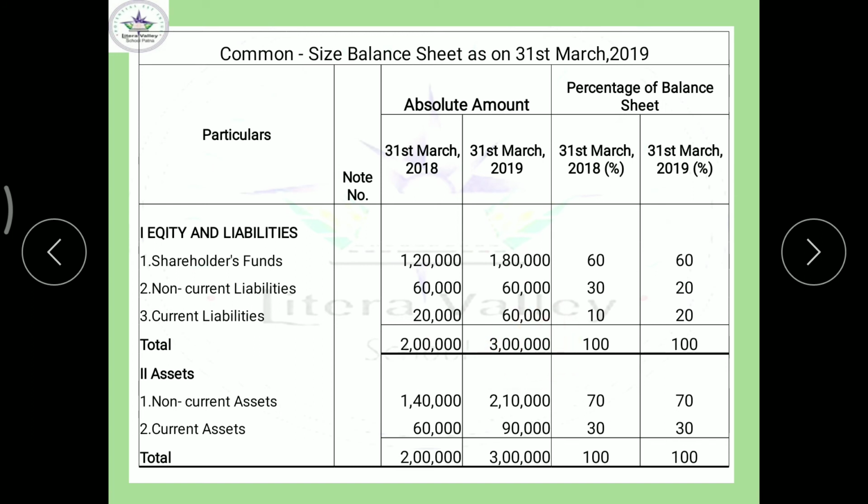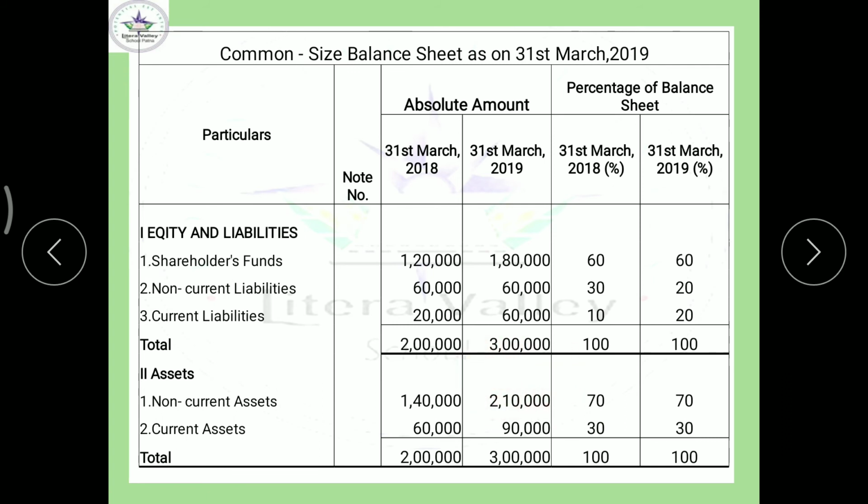Okay, same here. You can see non-current assets is given 1,40,000. So 1,40,000 divided by 2 lakh. So what is the percent? It is 70%. Again, 60,000 is given as current assets divided by 2 lakh. So the amount is here 30%. Come to the data for the year 2019, and here you can see that 2,10,000 is given.